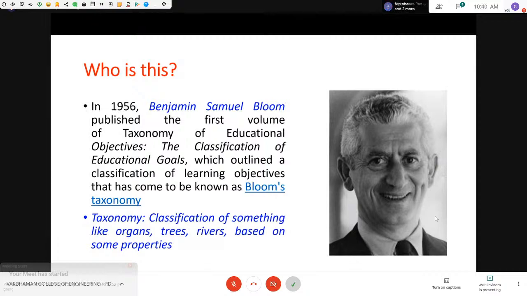You must understand that although it was published in 1956, almost 50 or 60 years back, we are still following it. That shows the essence and importance of Bloom's taxonomy. For those who don't know what taxonomy is, the dictionary meaning is the classification of something, like organs, trees, rivers, based on some properties.